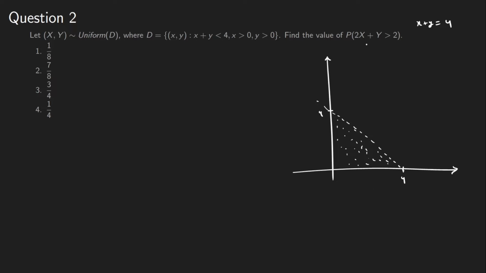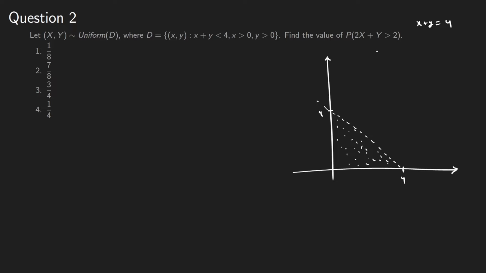Now we have to find the probability that 2x plus y will be greater than 2. This probability must correspond to some region in our full support D. D is the set of all points where x and y can take any value, but among this full support, we have to find certain points where this condition is true, and find the probability that those values of x and y will be taken.